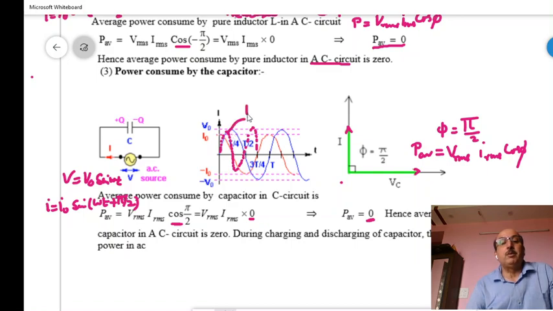So power is absorbed on positive lobe, and here power is released to the source by the capacitor. So net power consumption becomes zero in every cycle.